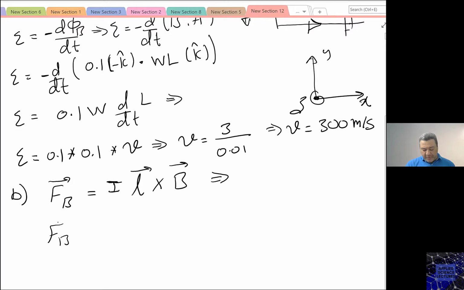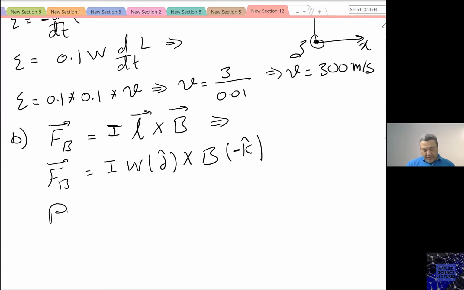So FB is I, we said that the L here is W J hat, cross 0.1, which I'll put now as the B minus K hat.